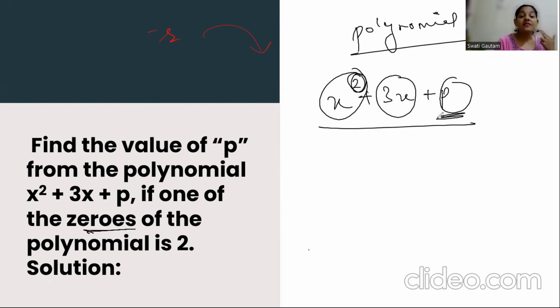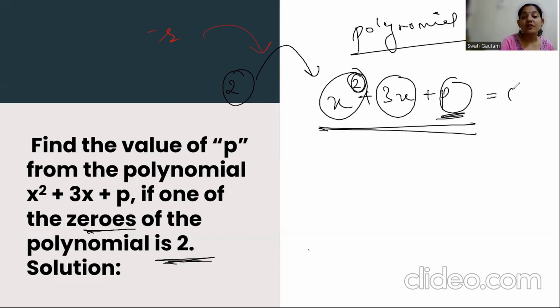Whenever a zero is given to you of any polynomial, it means that if 2 is given as a zero of this polynomial, this 2 we can put in the place of x, and this value 2 makes the complete polynomial equal to 0.